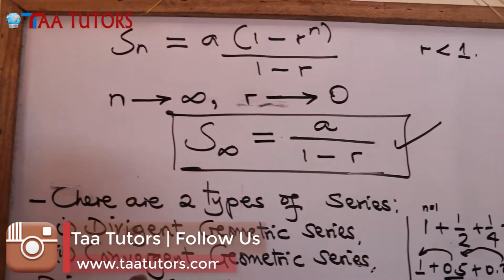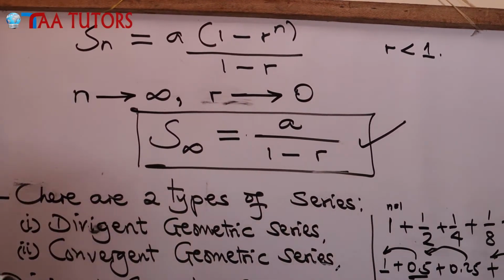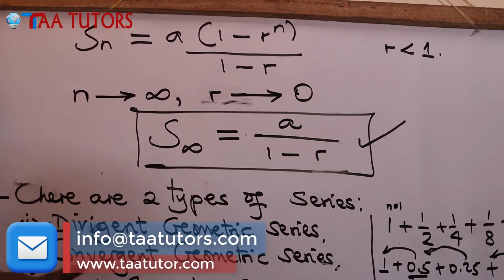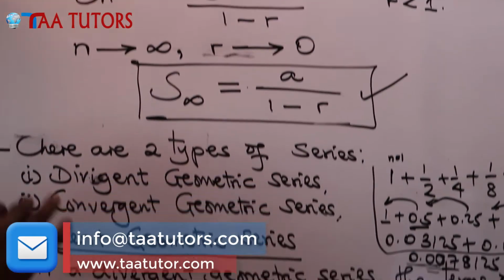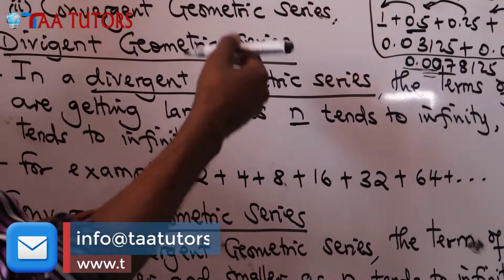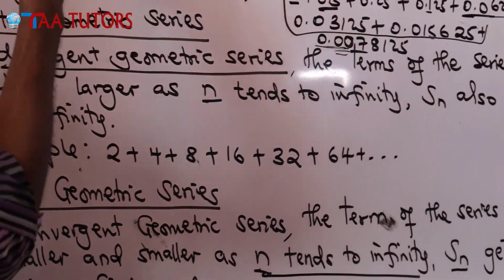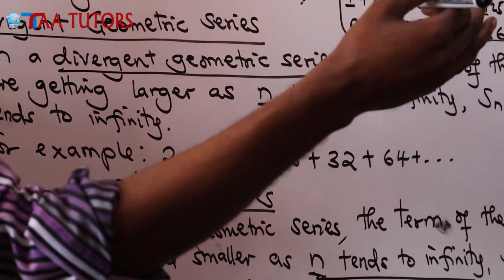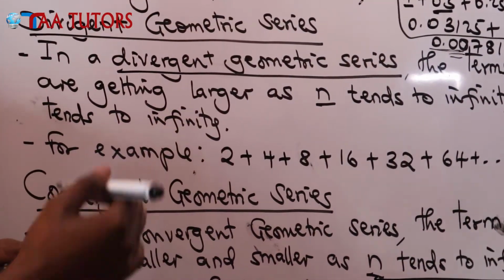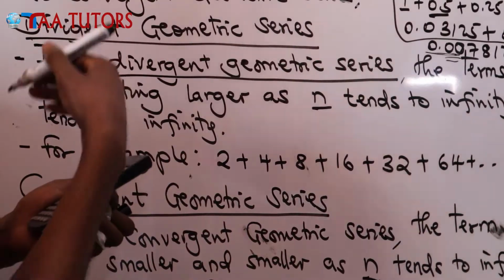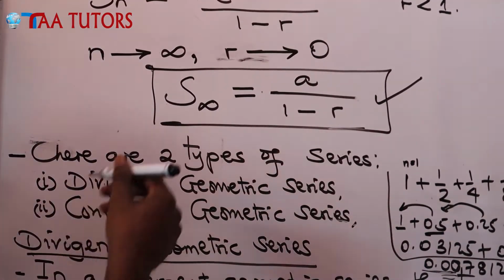As you notice, we cannot get the sum to infinity of a divergent geometric series. Why? Because as n tends to infinity, the sum of n terms also tends to infinity. So there's nothing that we can actually generate there. It means the numbers keep on becoming bigger, so that we cannot calculate. But when it comes to convergent series, we can actually see what is happening.